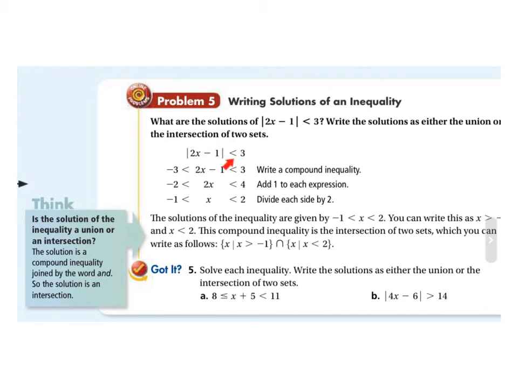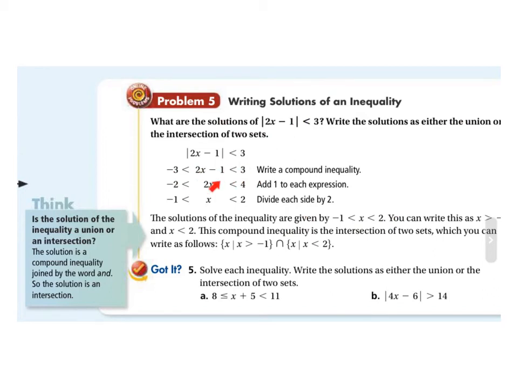Okay? So our less than meant and, right? That was where you do the three-sided one. So that is going to be the overlap between them. The solutions of the inequality are given. So let's back up to make sure you remember. Absolute value of 2x minus 1 is less than 3. That's where you put the opposite on the left side, the actual number on the right side, and then we do a three-sided problem.